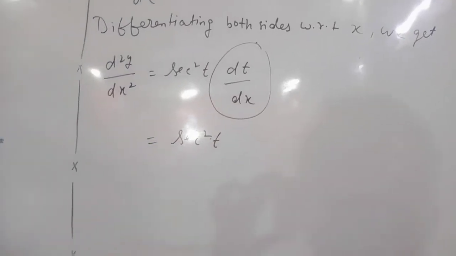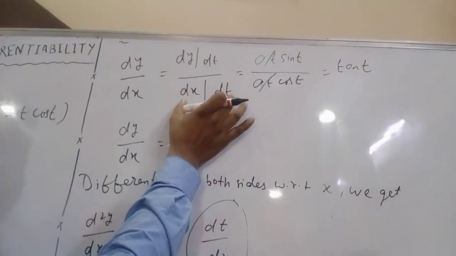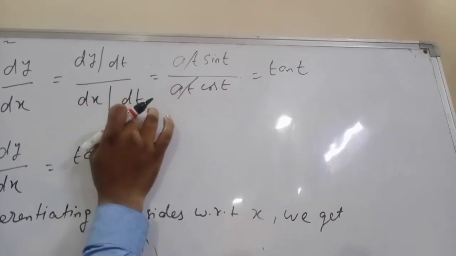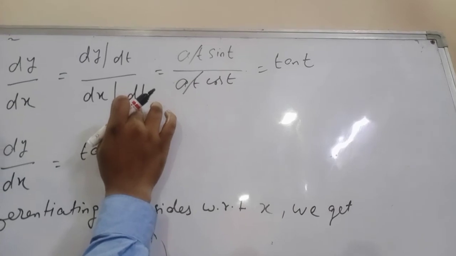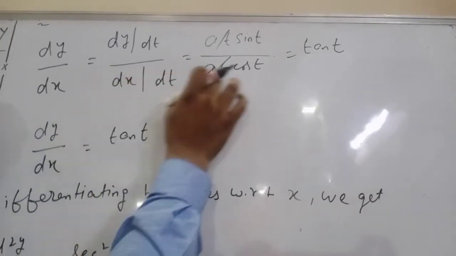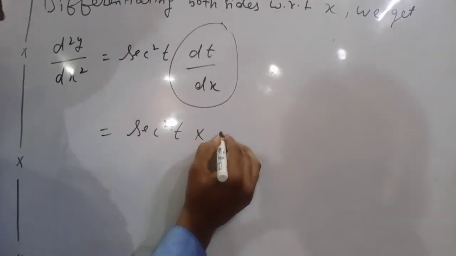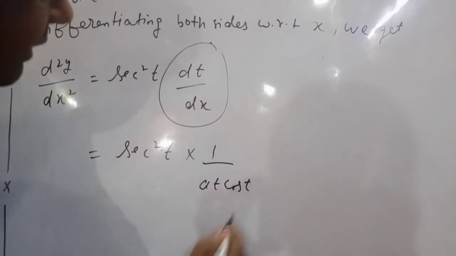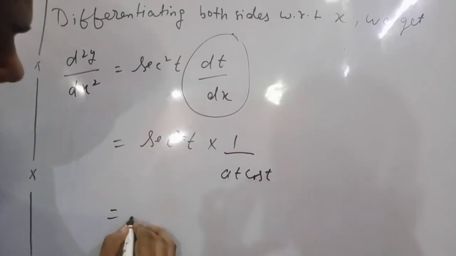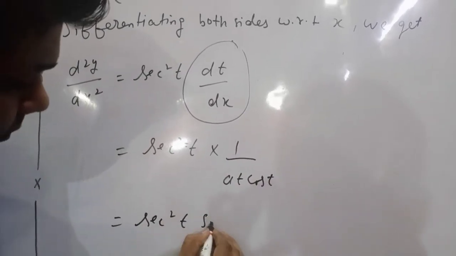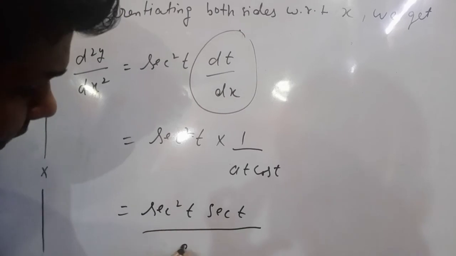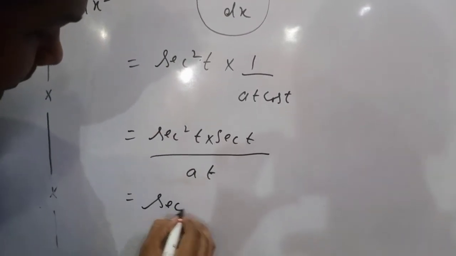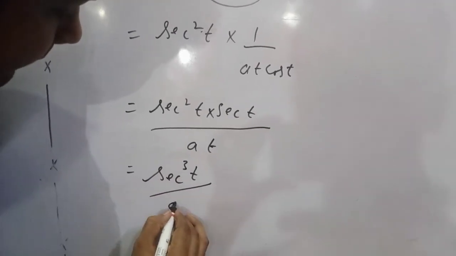As you know that your dx by dt was a cos t. Okay, this is the value of dx by dt. So if you have to find out dt by dx, so this value will be reciprocal, and you will write 1 upon a cos t, and 1 upon cos t is your sec t over a, and this would give you sec cube t over a.